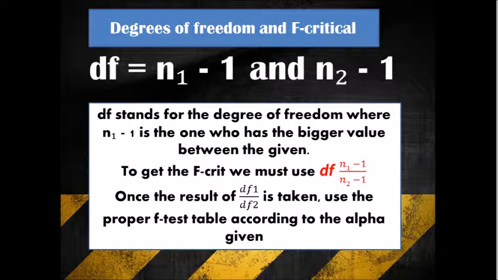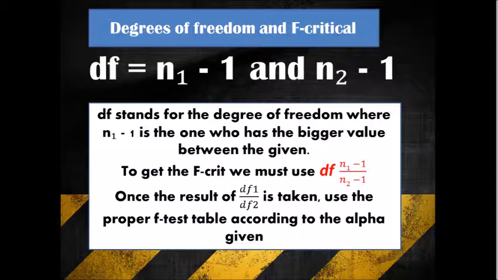The purpose of degrees of freedom is to get the F critical, or F crit. To get the F crit, we must use the equation n sub 1 minus 1 over n sub 2 minus 1. Once the results of df sub 1, which is your numerator, and df sub 2, which is your denominator, are taken from the given equation, use the proper F-test table according to the alpha given by the problem.